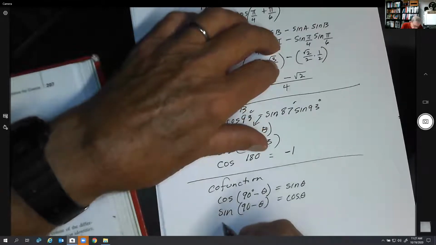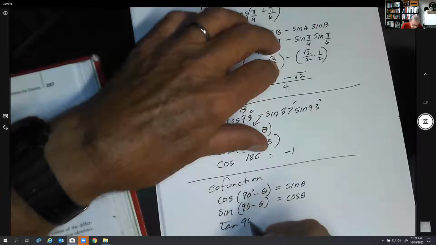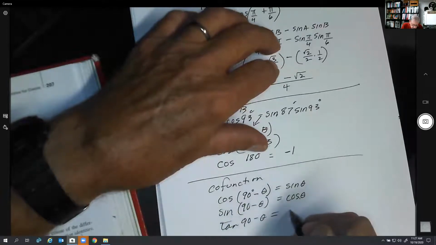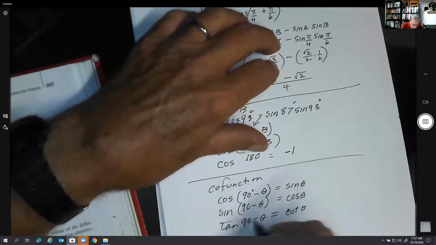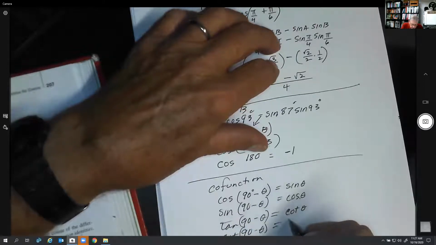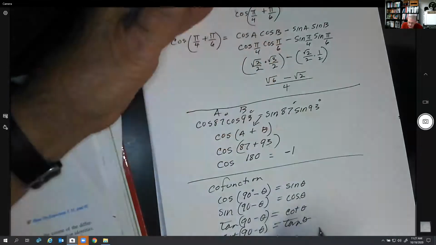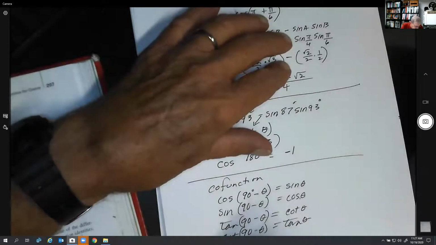Okay, we'll try some more. Tangent of 90 minus theta goes cotangent theta. Likewise, the cotangent of 90 minus theta is the tangent of theta. And finally, the secant and the cosecant go together.